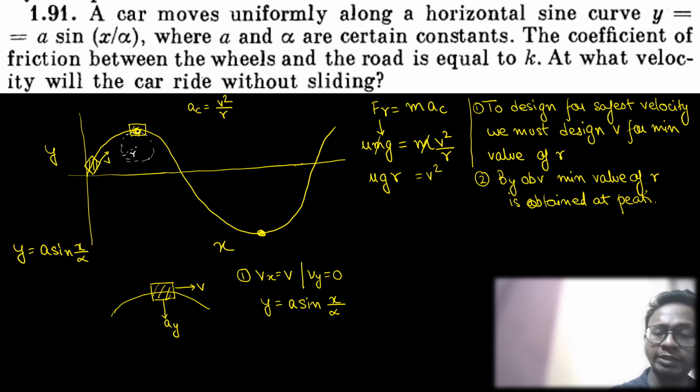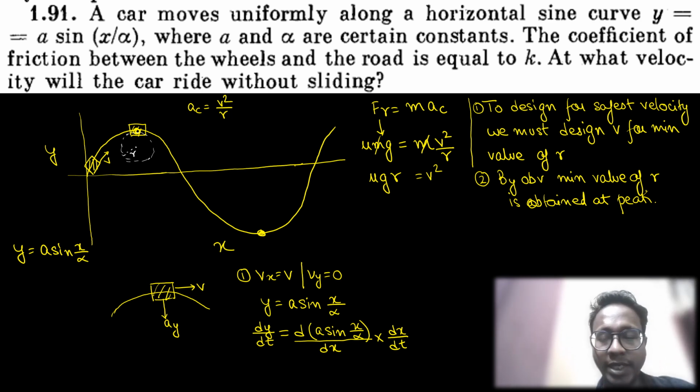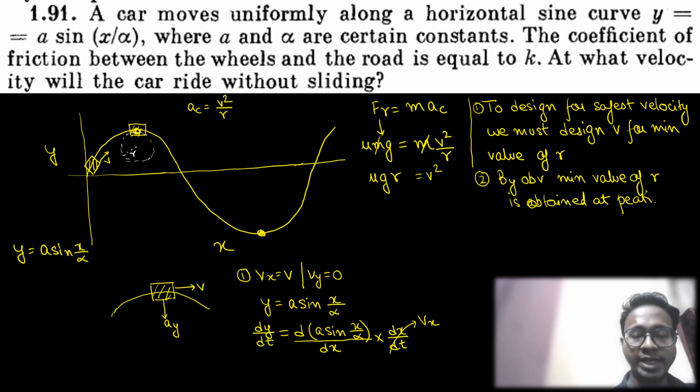What is dy by dt? dy by dt is nothing but d of a sine x by alpha by dx into dx by dt. We apply the chain rule here. dx by dt is nothing but vx, and vx at the topmost point is nothing but v, which is a constant.